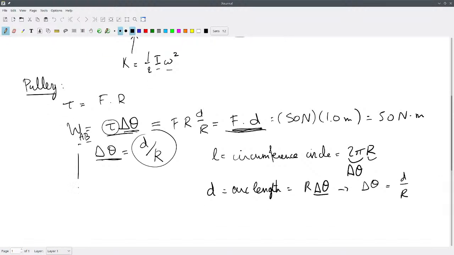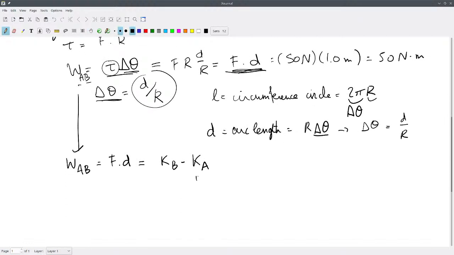So back to our work energy theorem. The work from A to B, which is F times d, is equal to the change in kinetic energy, Kb minus Ka. But we know that the kinetic energy at A is 0. The kinetic energy at B is 1/2 I omega squared, because at that point the disk and the pulley is rotating.